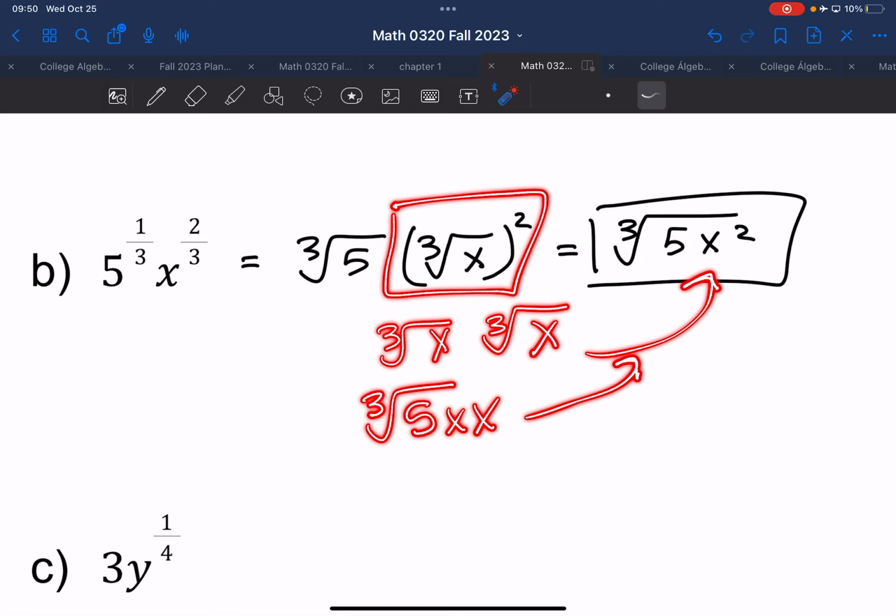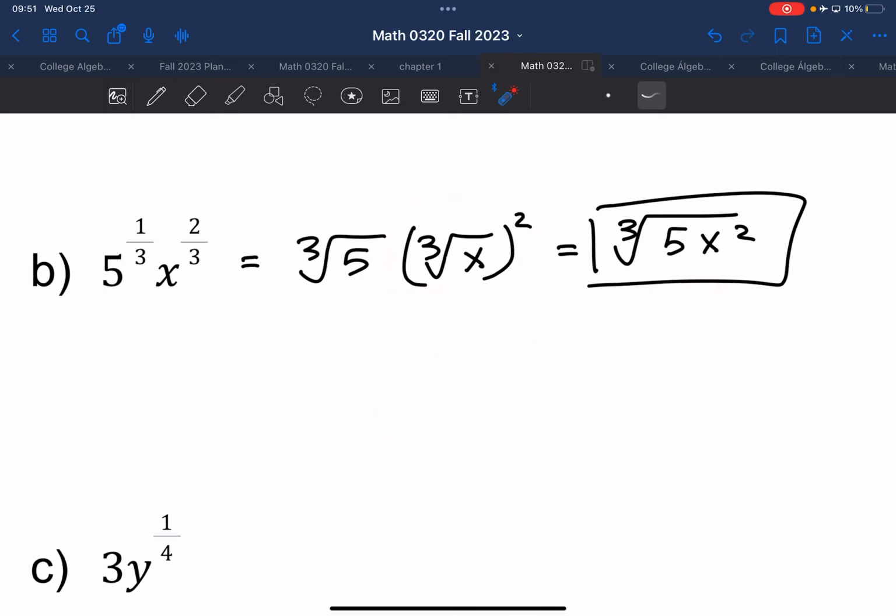Again, we were able to combine this into one because they both had the cube root. If one of them was like the 4th root, we couldn't combine them because it's 2 different roots. Okay.